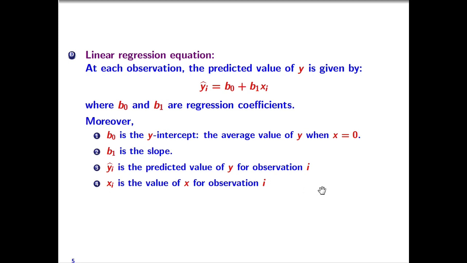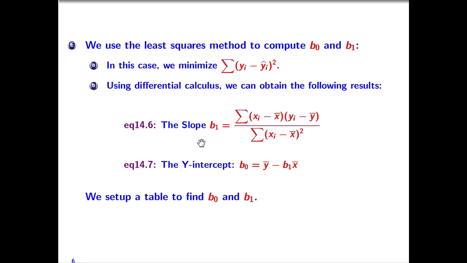Next, we want to see how to find b0 and b1. We use the so-called least squares method to compute b0 and b1. In this case, we minimize the error term squared.